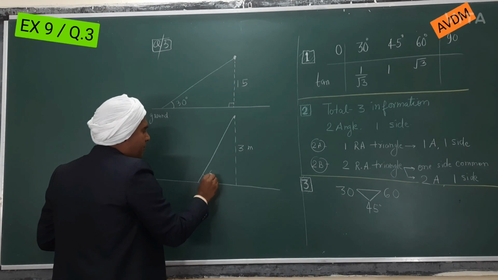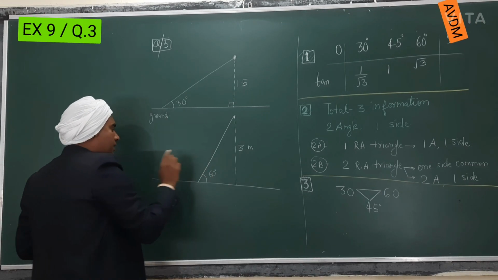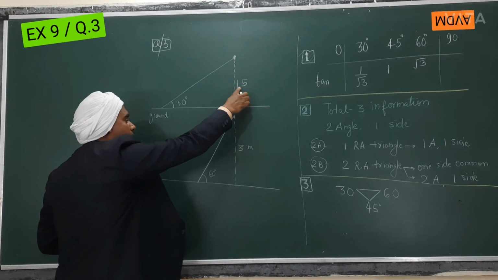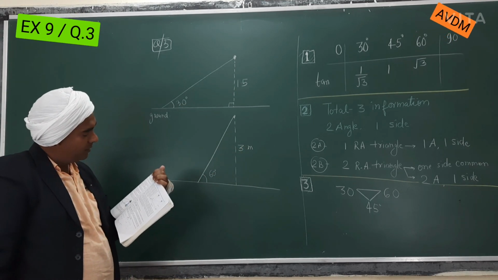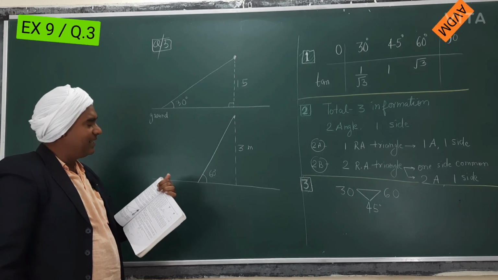This is more than 30 degree. This was 1.5, this is double. What should be the length of the slides in each case?